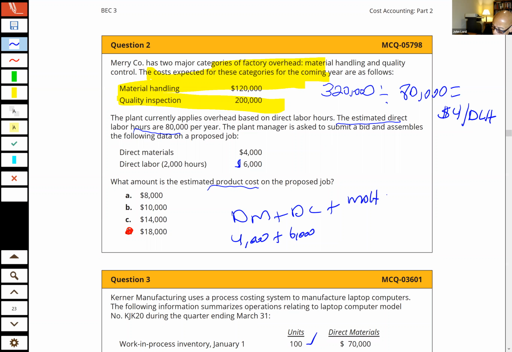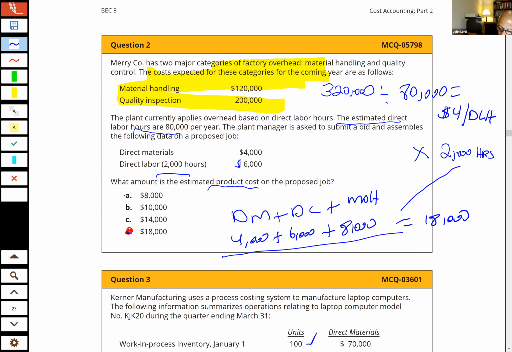The manufacturing overhead has to be applied. So I'm going to take that $4 times the estimated hours of 2,000 hours. The estimated cost of this job is going to be 4 times 2,000, or 8,000, the cost of the overhead. Then you add those three together. That's how we come to the 18,000.